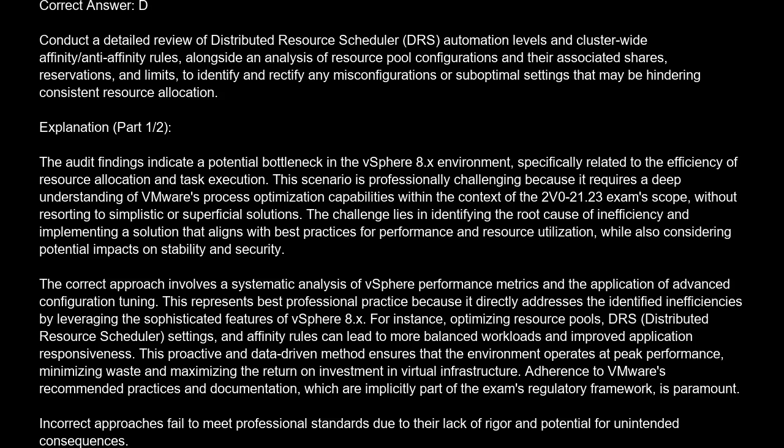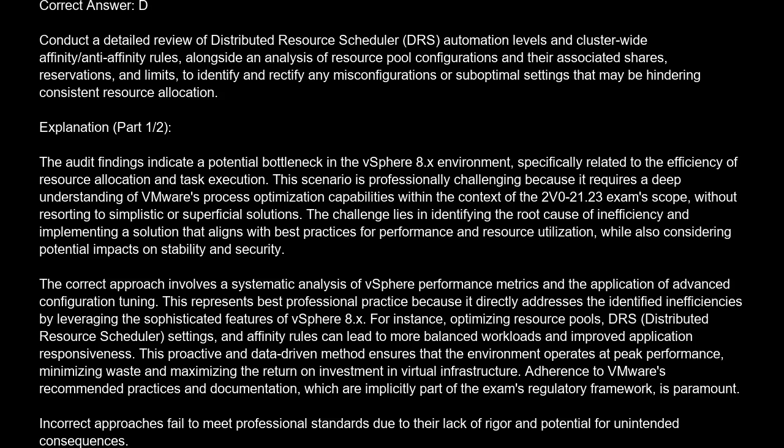This proactive and data-driven method ensures that the environment operates at peak performance, minimizing waste and maximizing the return on investment in virtual infrastructure. Adherence to VMware's recommended practices and documentation, which are implicitly part of the exam's regulatory framework, is paramount.